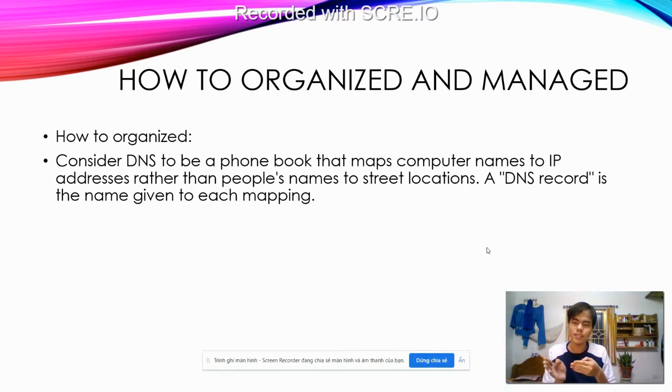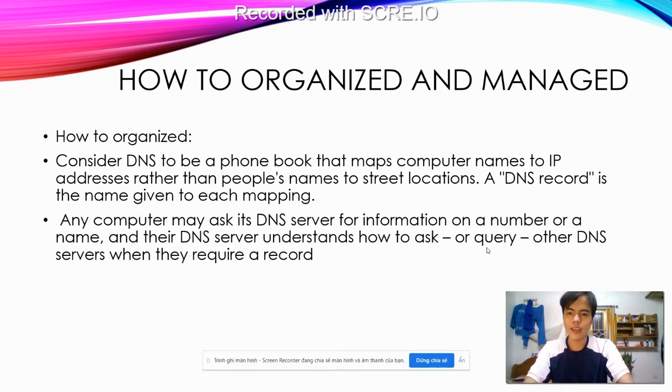And consider the DNS. How to organize the DNS is similar to how to organize our phone numbers and our street locations. It's very simple and it's related to locating the DNS or the IP address.